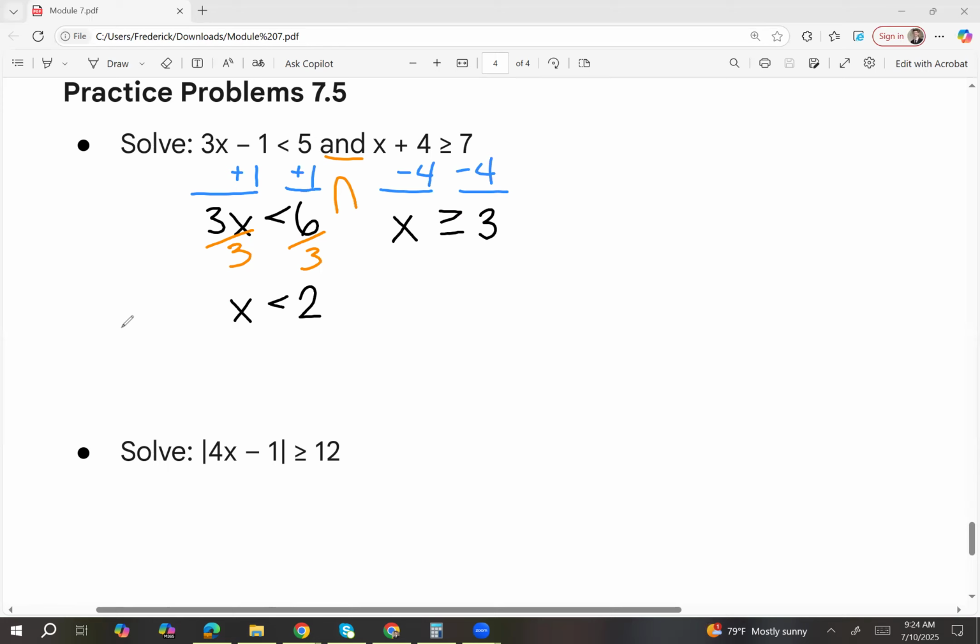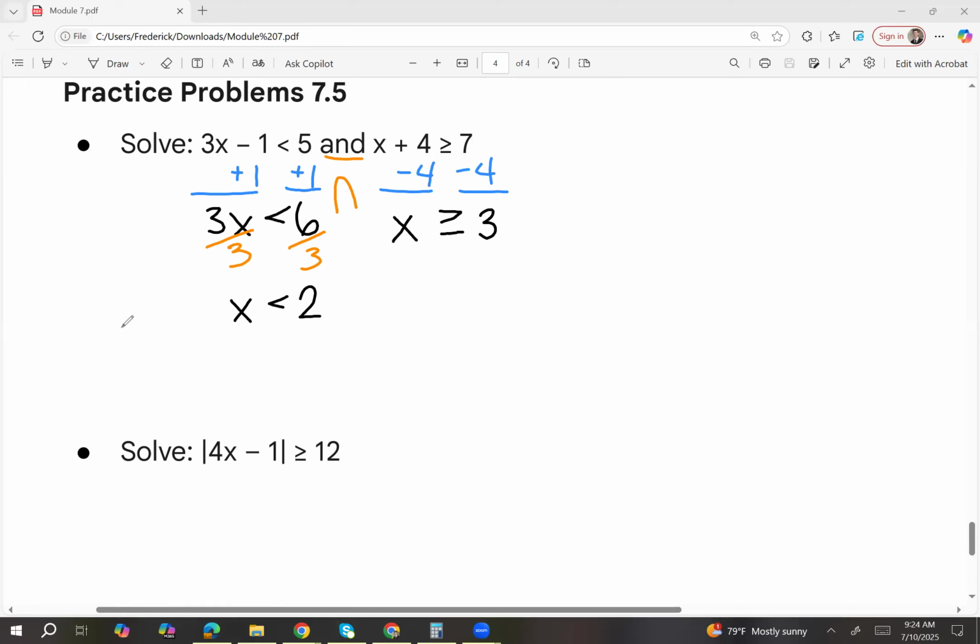Now, why don't we switch the order of the inequality there and switch it to less than or equal to? We're subtracting 4. We're adding a negative 4 to both sides. We're not multiplying or dividing by a negative quantity. That's when we flip the sign, when we're multiplying or dividing by a negative.